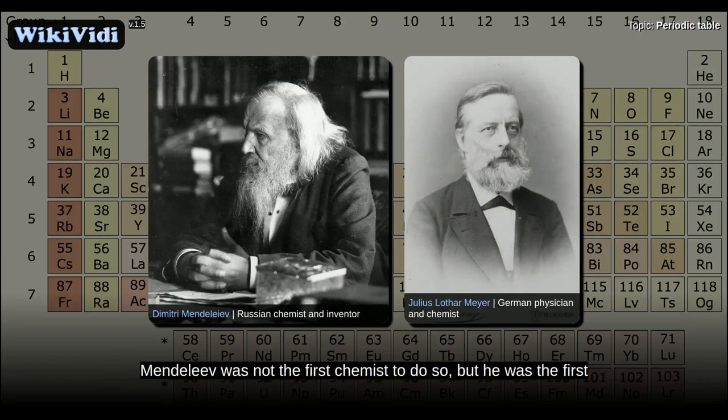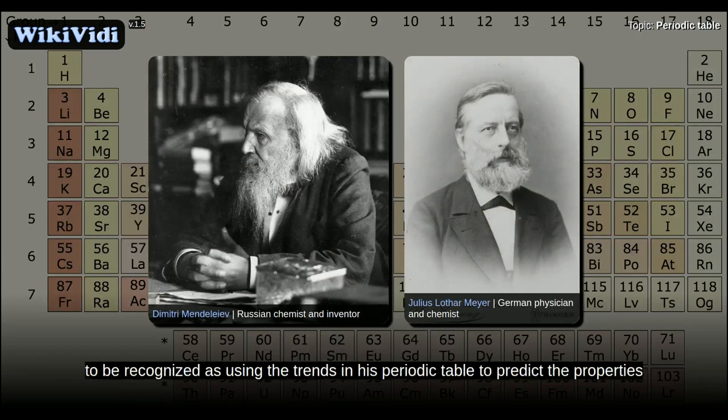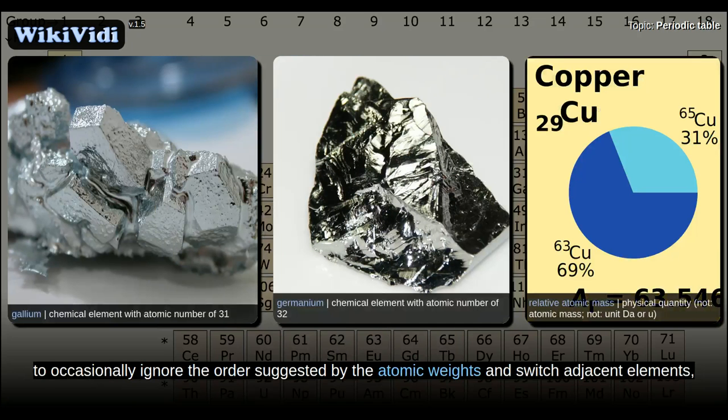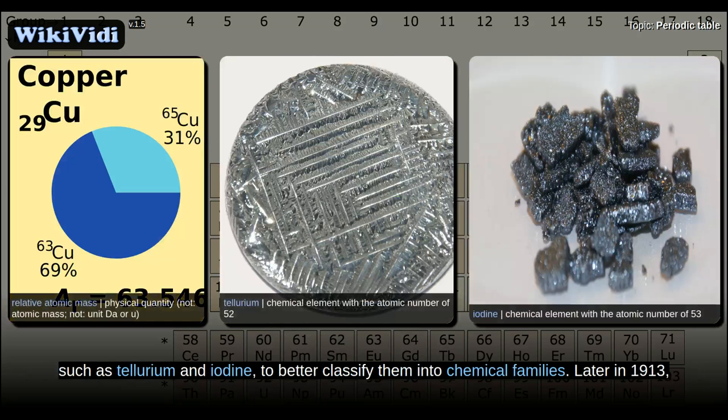Mendeleev was not the first chemist to do so, but he was the first to be recognized as using the trends in his periodic table to predict the properties of those missing elements, such as gallium and germanium. The second decision was to occasionally ignore the order suggested by the atomic weights and switch adjacent elements, such as tellurium and iodine, to better classify them into chemical families.